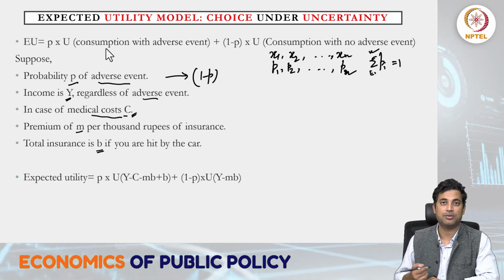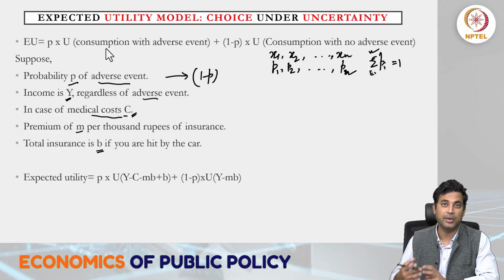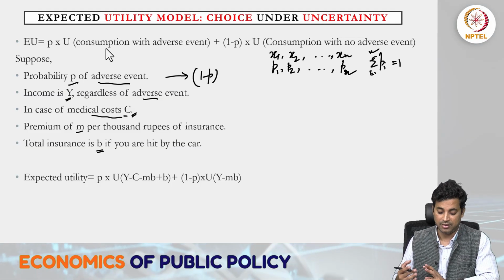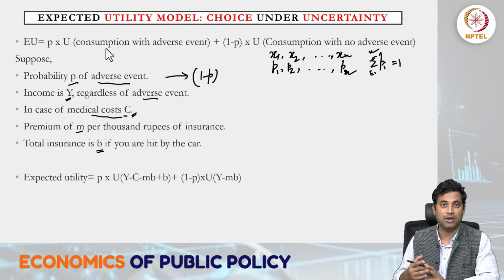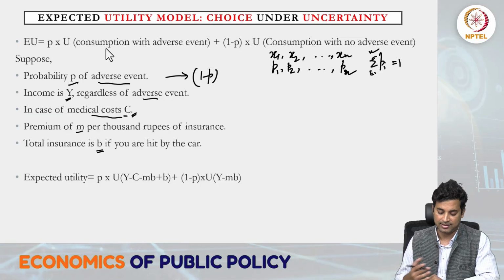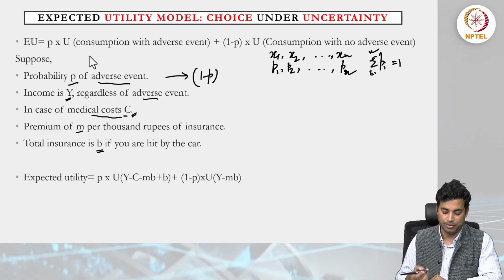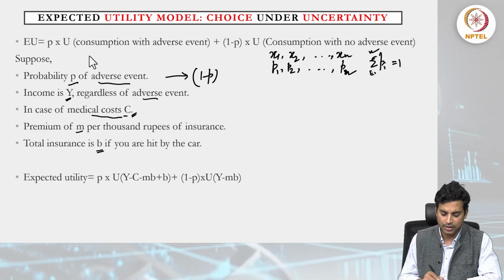Basically we are trying to understand consumer behavior of utility as far as risk associated with any of the products we are talking about. And here we are talking about insurance and accident. So here is the consumption with the adverse event. What would be the overall utility?